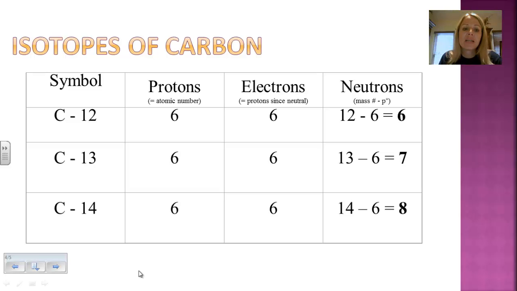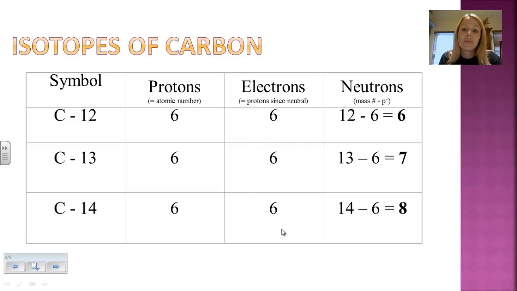Well, the number of protons, as you have learned, equals the atomic number found on the periodic table. So you're just looking at the periodic table to get the atomic number, and what you'll see is the atomic number of carbon is 6. And then the number of electrons will equal the number of protons since it's a neutral atom. There's no charge, so those will also be 6.